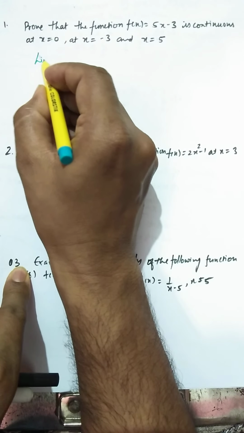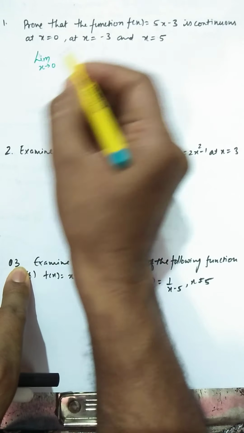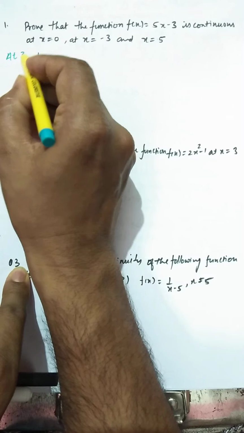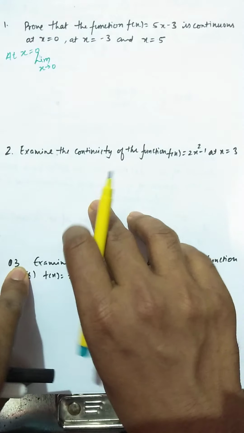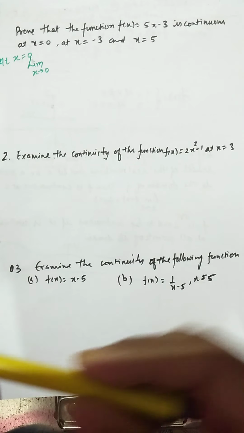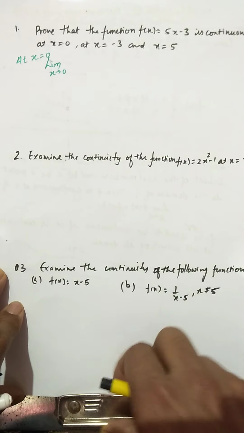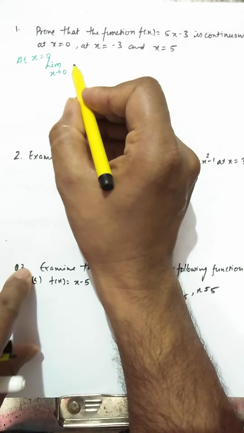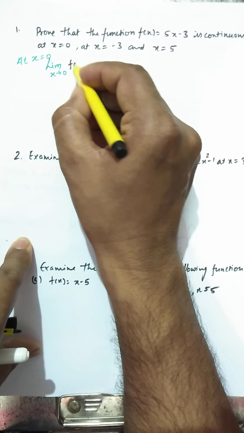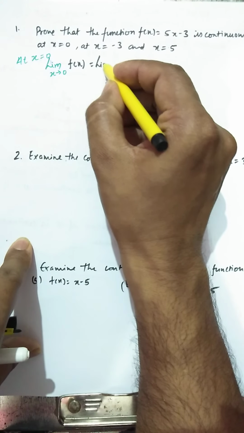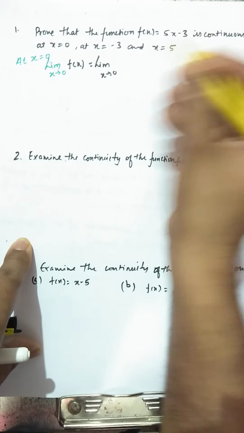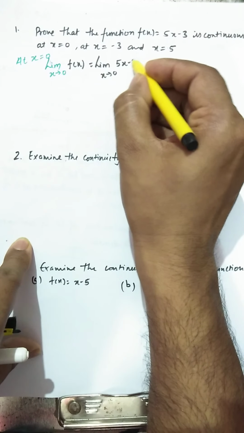So take the limit as x tends to 0. I am checking at x = 0, so I'm calculating the limit of this function at this point. First you take f(x), so it will be the limit as x tends to 0 of 5x − 3.